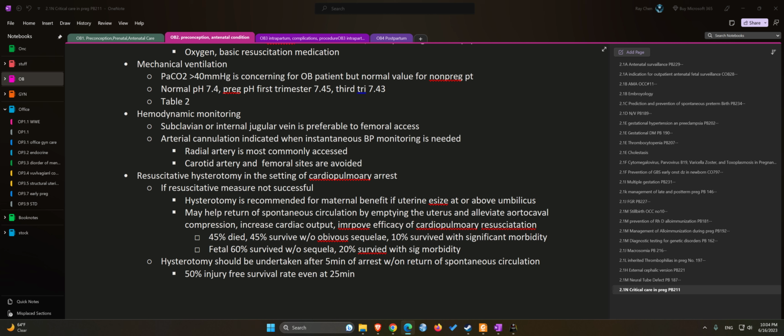Arterial cannulation indicated when instantaneous blood pressure monitoring is needed. Radial artery is the most commonly accessed. Carotid artery and femoral site are avoided.